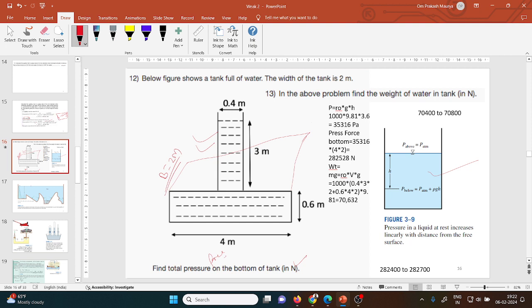Please try to solve. After that, I have one very important question based on Pascal's law. Then I will show you another question, which was a previous year hydraulic engineering question, from the 2023 hydraulic engineering assignment.